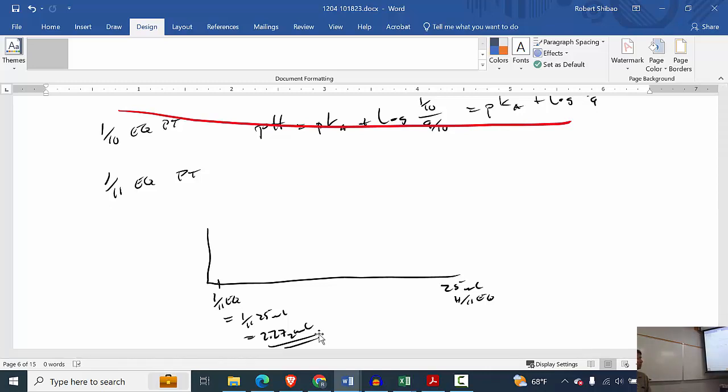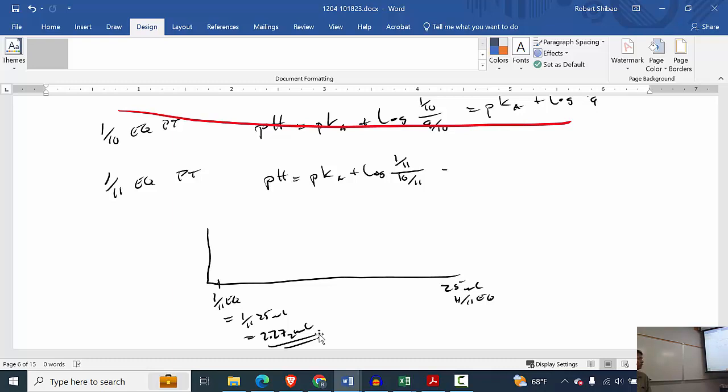Figuring out the pH of the 1/11th equivalence point is very easy. The pH is equal to pKa plus the log. How much reacted? 1/11th reacted. How much do I have left over? 10/11 left over. Does this make sense?